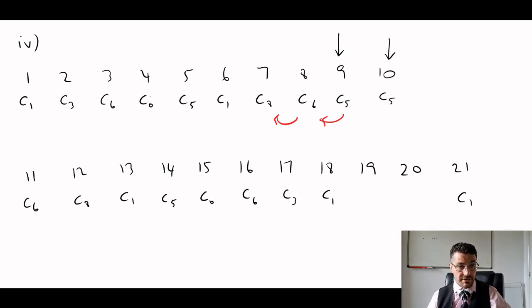So the 18th suite is given to child C1, so I need to effectively add 19 onto that. But remember, we're doing modular arithmetic. So if I add 9 onto that, 1, 2, 3, 4, 5, 6, 7, 8, 9, 0.